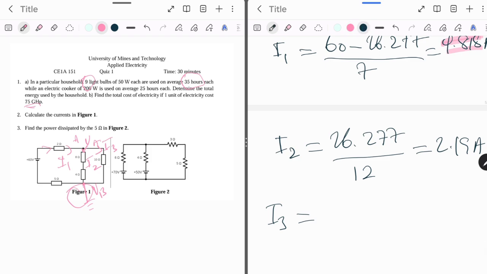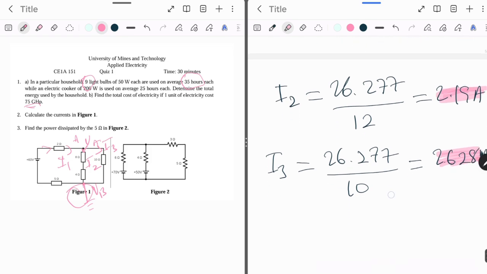So we get here VA, and VA is 26.27 divided by 10, so that would just be 2.628 amps. So we have this. So we've got I1, I2 and then I3. So these are going to be the currents in the circuit.